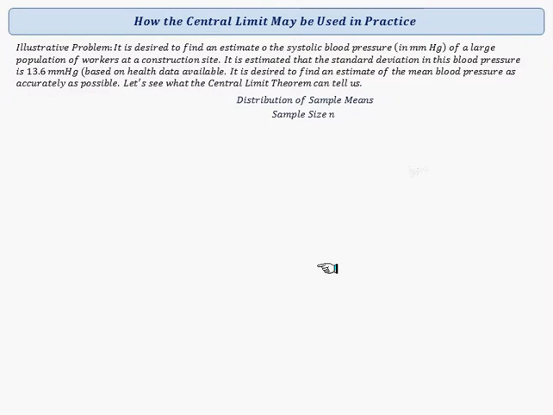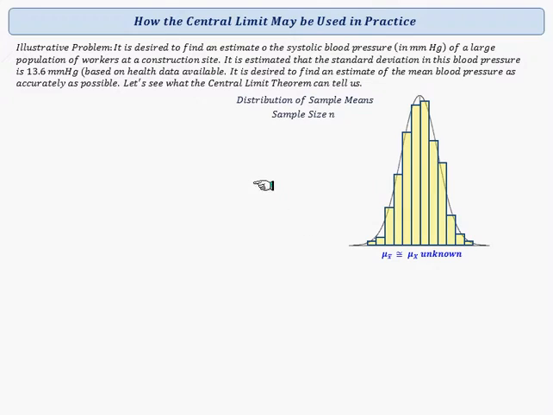We're going to apply this. If we're looking at a large population of workers at a construction site, we want to find an estimate of the systolic blood pressure. All we know, given in this illustration, is that the standard deviation is 13.6 millimeters of mercury.